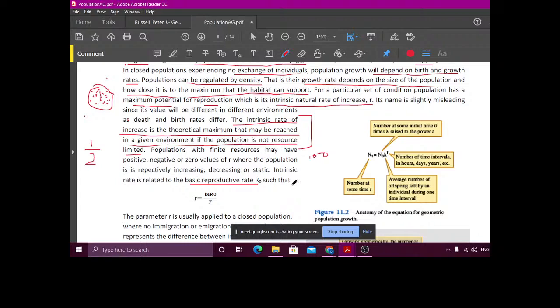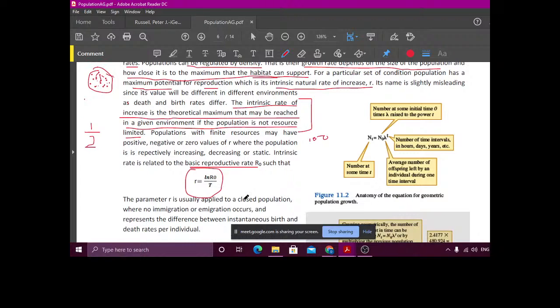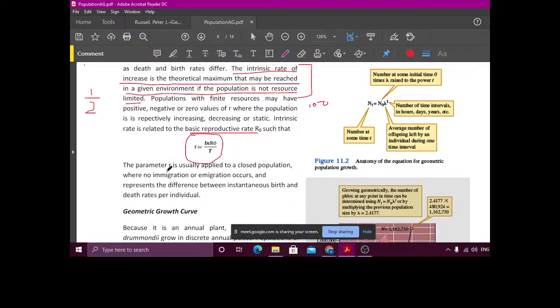Otherwise, normally only one. So R is equal to ln, that is log of R0, the basic reproductive rate, divided by T. T is the time. You have to remember this. The parameter R is usually applied to a closed population where no immigration or emigration occurs.